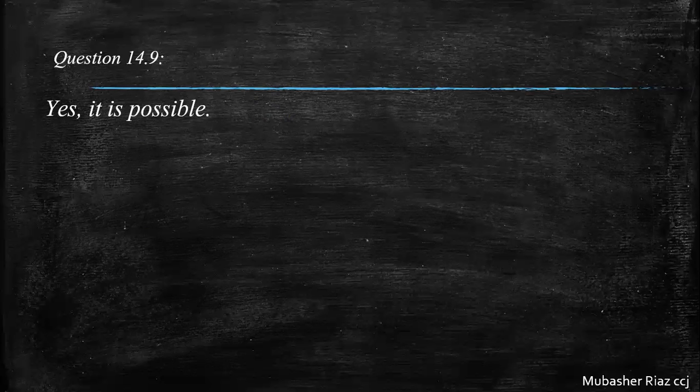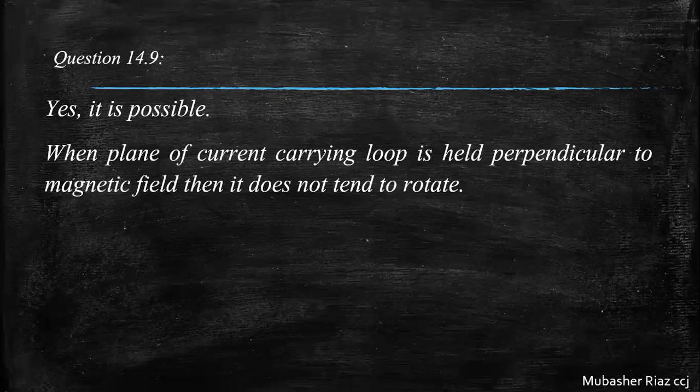It is possible by placing the current carrying loop in the uniform magnetic field and it does not rotate. For this purpose, the plane of current carrying loop, याद रखना है plane होना चाहिए. So when plane of current carrying loop is held perpendicular to the magnetic field, then it does not rotate.